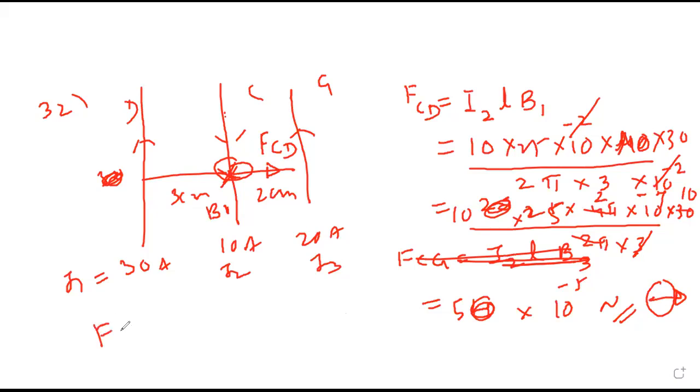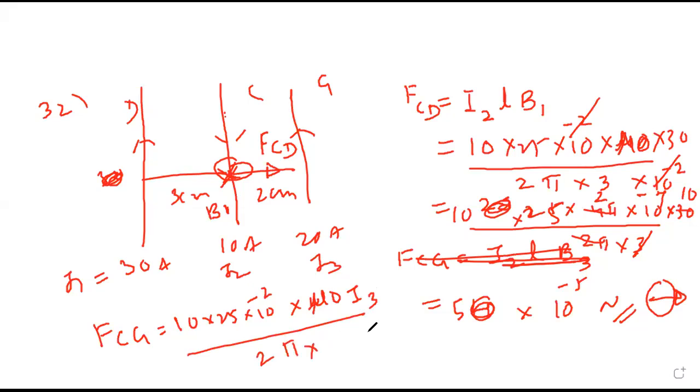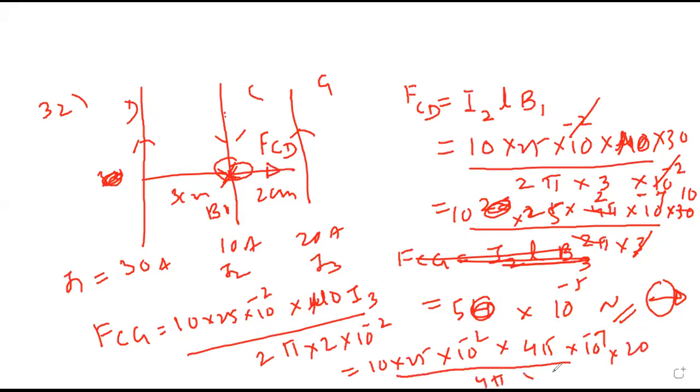Now force acting on C due to G is current I2, that is 10. Length 25 into 10 raised to minus 2. Mu naught into current I3 upon 2 pi r, r is 2 centimeter, that is 10 raised to minus 2. So it will become 10 into 25 into 10 raised to minus 2, 4 pi into 10 raised to minus 7 into 20 upon 4 pi into 10 raised to minus 2. 4 pi cancels, 10 raised to minus 2 cancels.